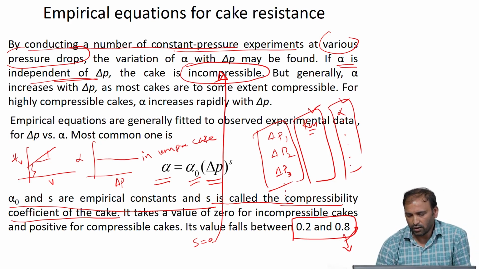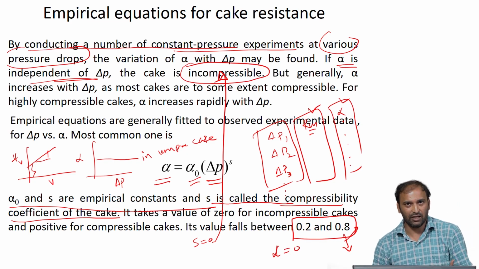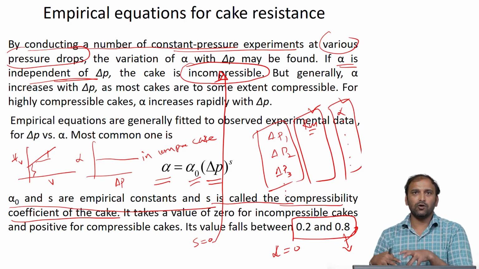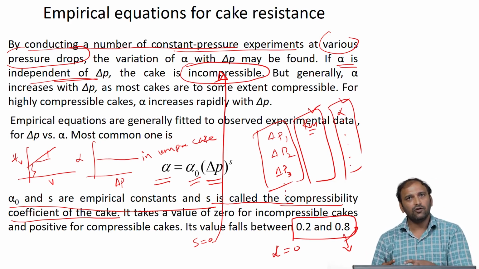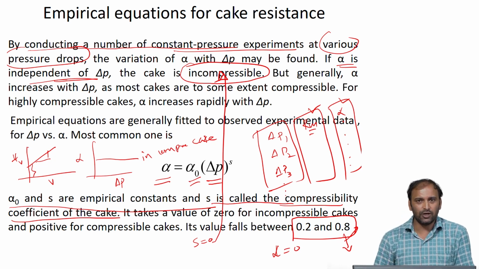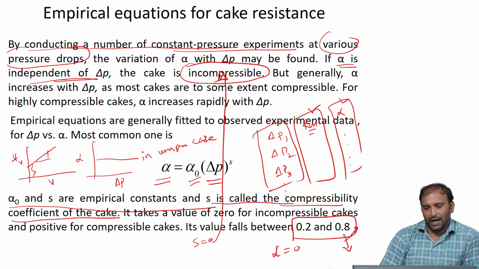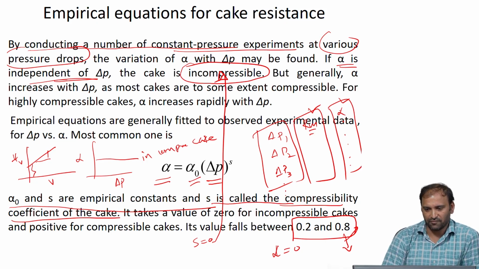And for s equal to 0, I can say that the cake is completely incompressible. Therefore, this framework gives you a way of calculating both the filter cake resistance and the filter medium resistance, which in turn can be used as a method for identifying the nature of the filter cake that is formed during the course of filtration.